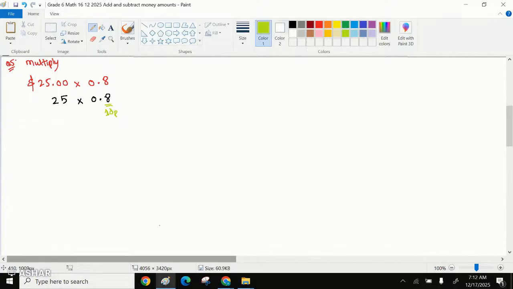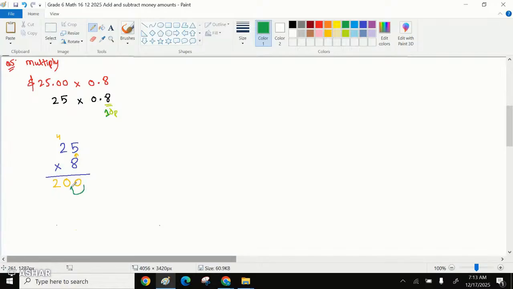That means we multiply these numbers as whole numbers. We say 25 is multiplied by 8. 8 times 5 is 40. We put a 0, we carry a 4. 8 times 2 is 16. 16 plus 4 is 20. How many decimal places were there? There is one decimal place.